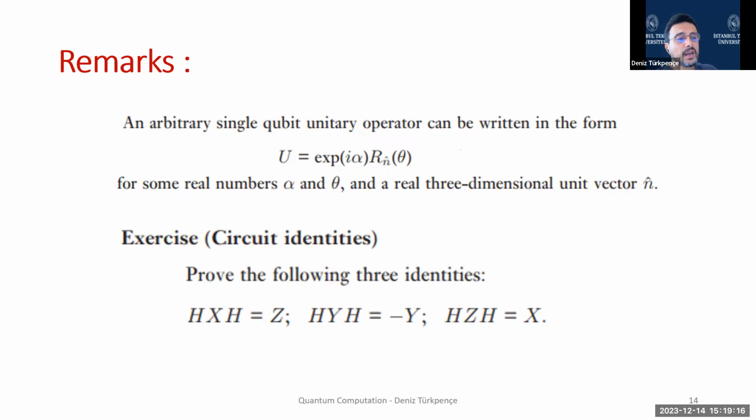Why are they important? They are important for making circuit simplifications. When you write circuits, you will need some identities. You can prove them very easily if you are fond of multiplying small dimensional matrices.